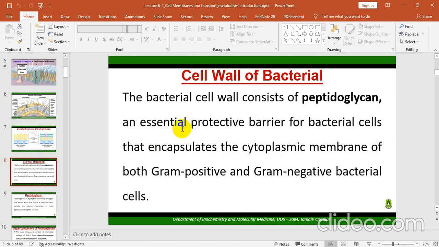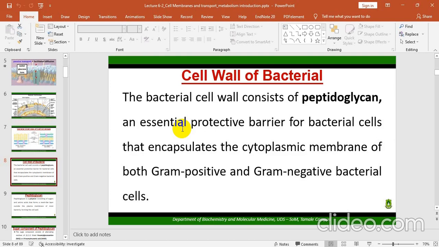So, as you progress in your career, you'll be doing gram staining to identify which organisms are gram-negative and which organisms are gram-positive.